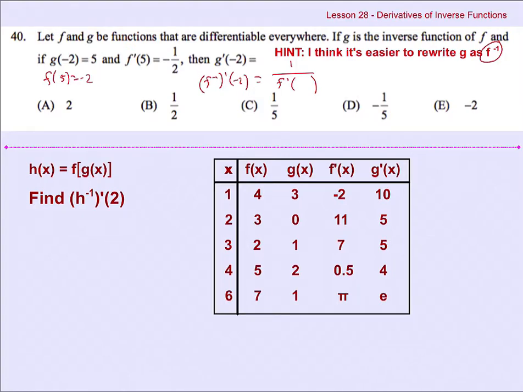Well, we saw before, if g of negative 2 is 5, that means the 5 and the negative 2 go together. So we need to find out the reciprocal of f prime of 5. Well, that's not hard. 1 over negative 1/2 is negative 2. So that's our answer.